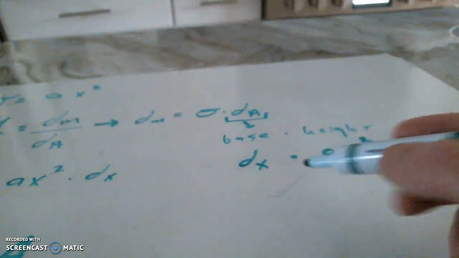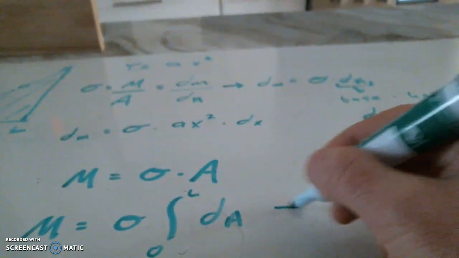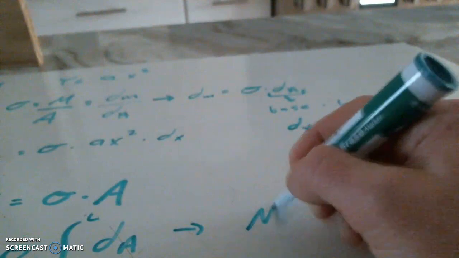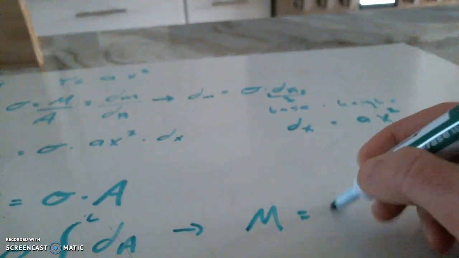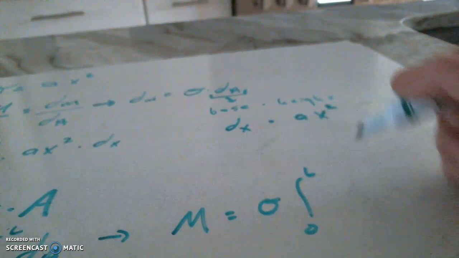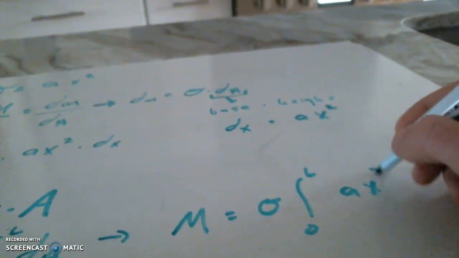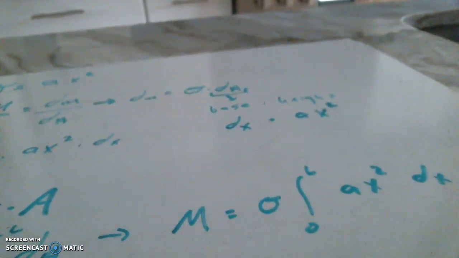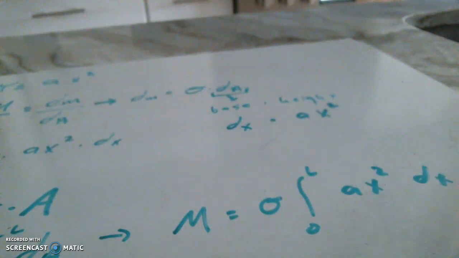So the mass of the whole thing is equal to the density times the integral from 0 to L, where that dA I'm going to replace with ax squared dx. So all I'm doing is integrating ax squared and multiplying it by the density. That's it.